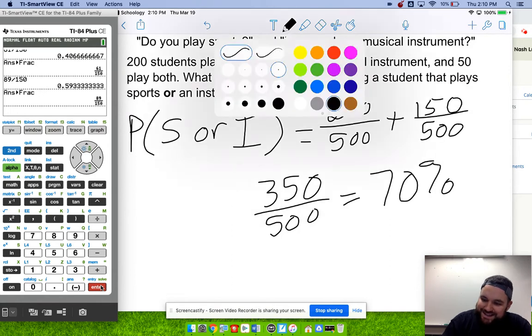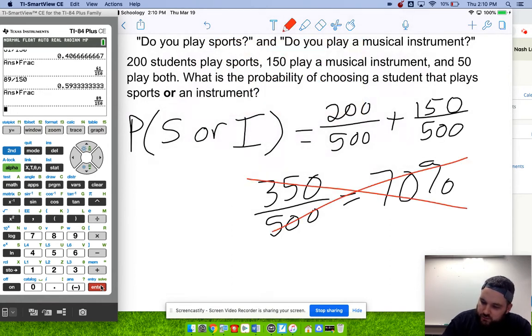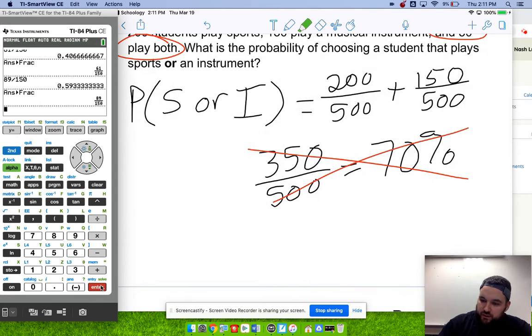But this is not correct. And do you know why? The reason that 70% or 350 out of 500 is not correct is because of the fact that 50 people play both. So what's happening is when I add these two numbers together, there are 50 people that are in both the 200 figure and the 150 figure.